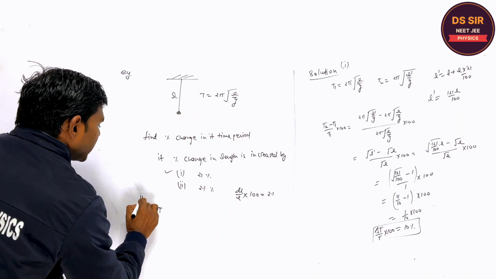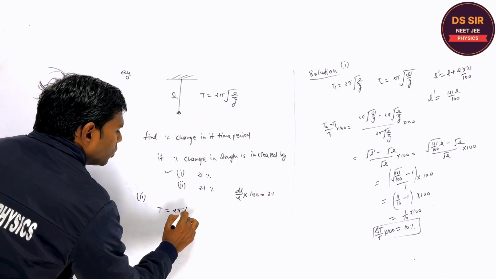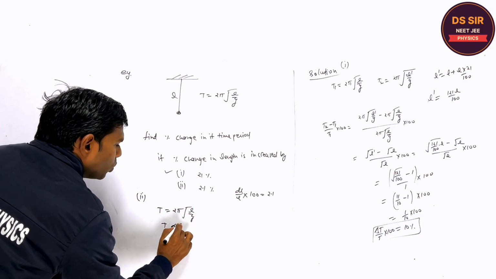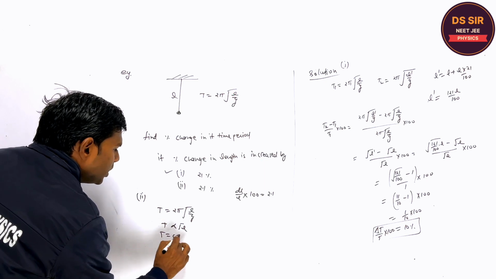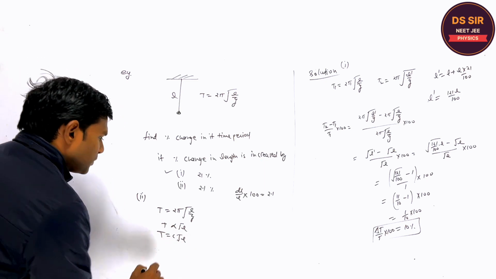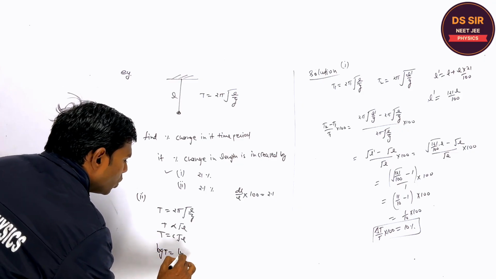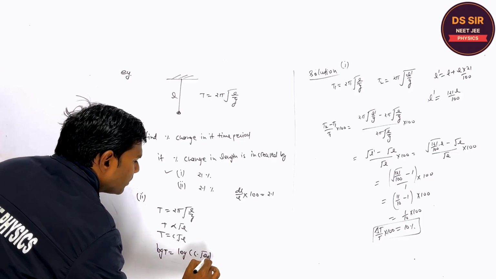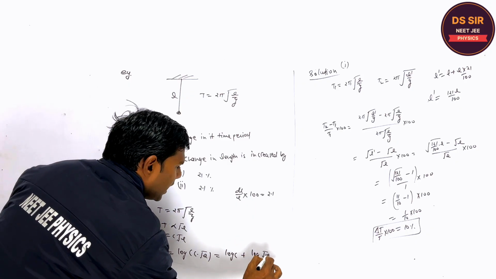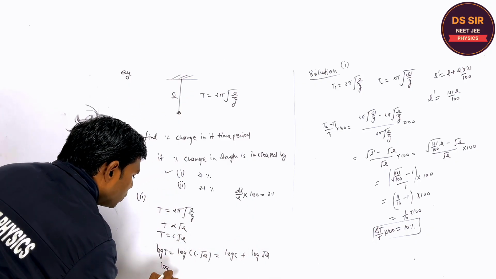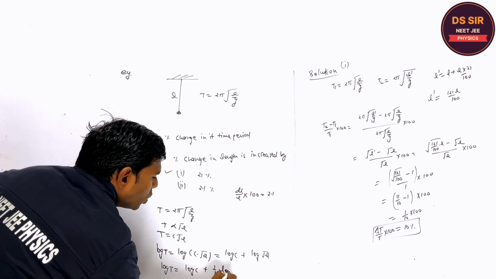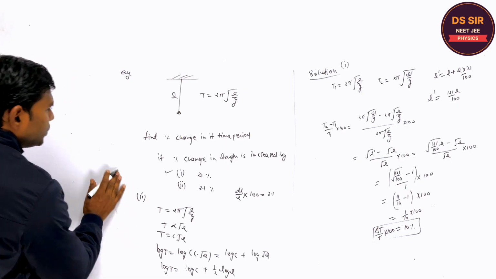So in the second part, T is equal to what? 2 pi root L upon G. T is proportional to root L. T is equal to C into root L, right? Find the relation. How? Log T is equal to log C into root L, is equal to log C plus log root L, so log T is equal to what? Log C plus 1 by 2 log L. Now take the differentiation.